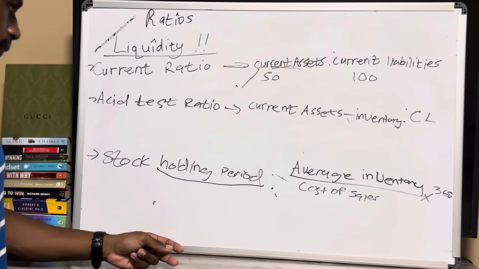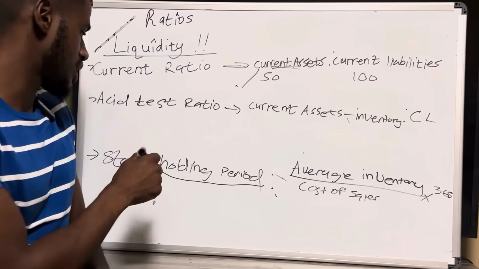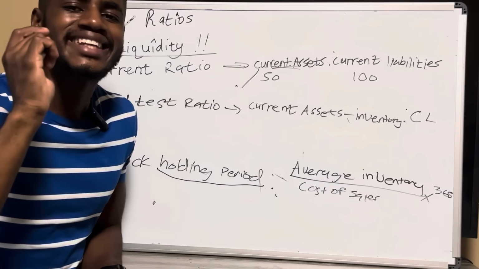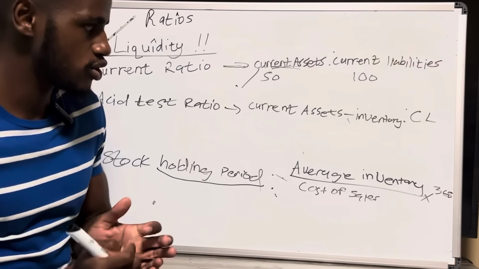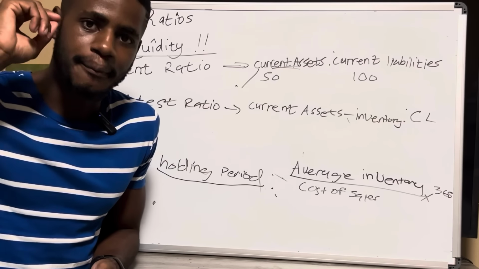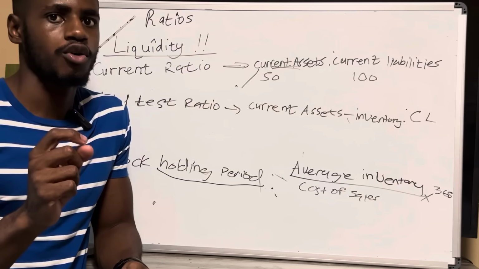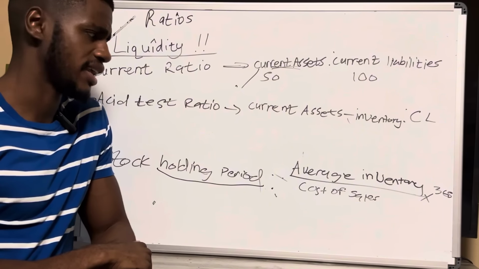I'll explain why. Sometimes you are asked to calculate the stock holding period in days. If they want days, you are going to times it by 365. If they want months, you will change that 365 into 12, okay? Because there's 12 months in a year.